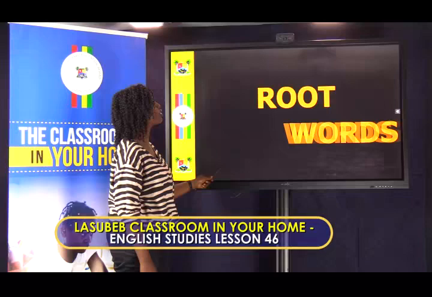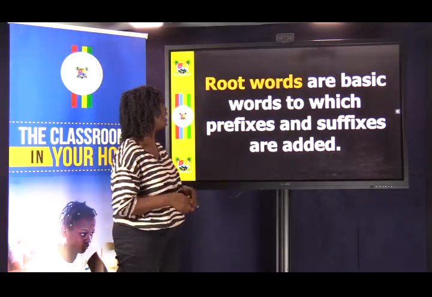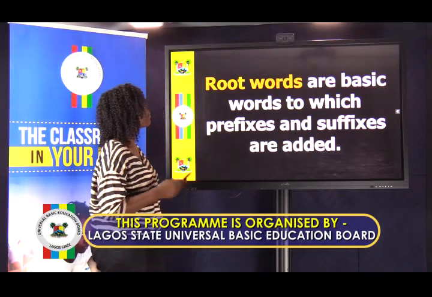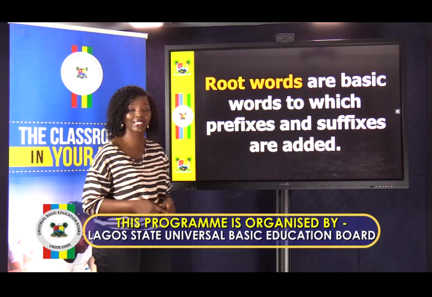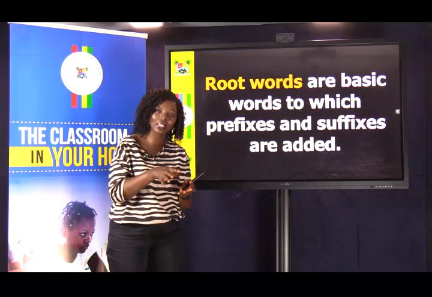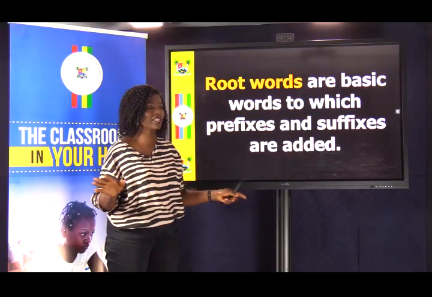So let us look at root words. What are root words? Well, root words are basic words to which prefixes and suffixes are added. Root words are the basic words before we had prefixes and suffixes. As simple as that.